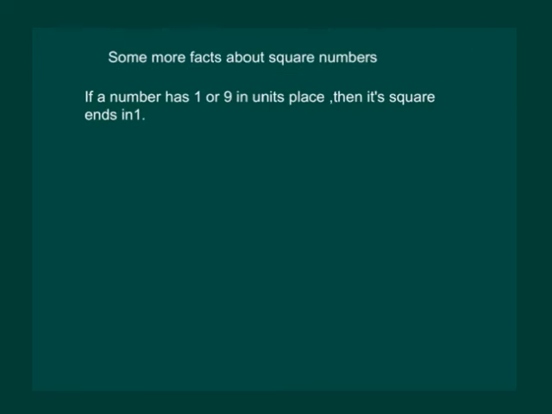Let us study some more facts about square numbers. If a number has 1 or 9 in the units place, then its square ends in 1. Let us see. Say the number is 1, then 1 square is equal to 1. If the number is 9, then 9 square is equal to 81. If the number is 11, then 11 square is equal to 121.